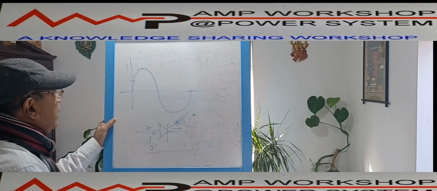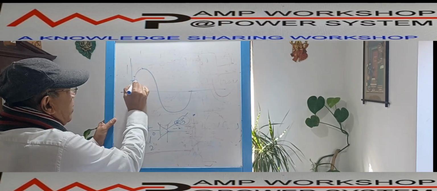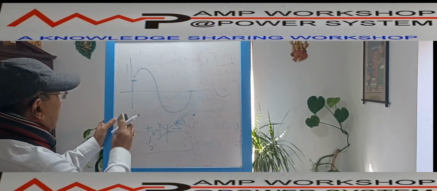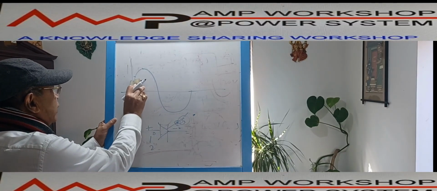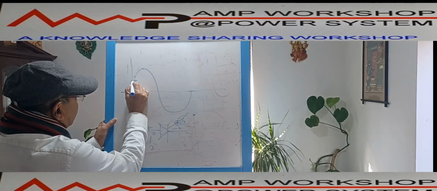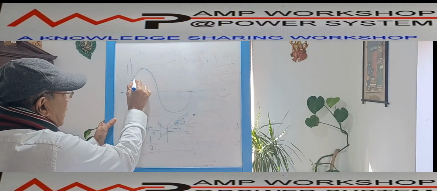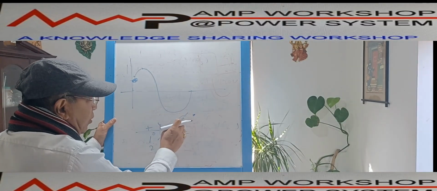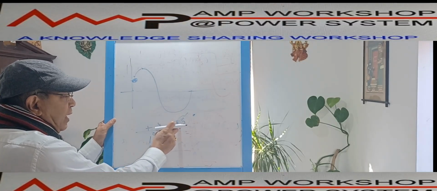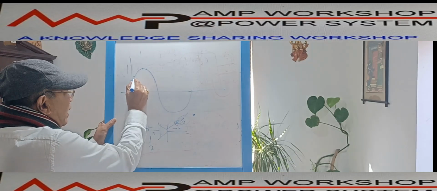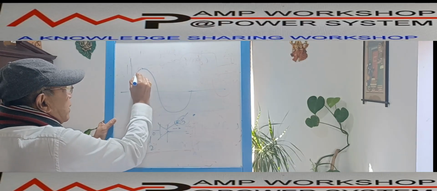Then it will immediately start conducting from here. That means up to this point there is no current flowing through the load. The moment you apply voltage on the gate, we call it triggering. The moment I give the gate voltage, it immediately starts conducting.